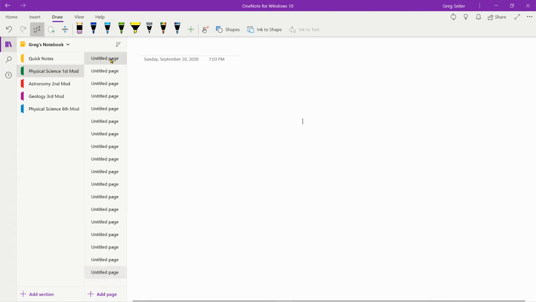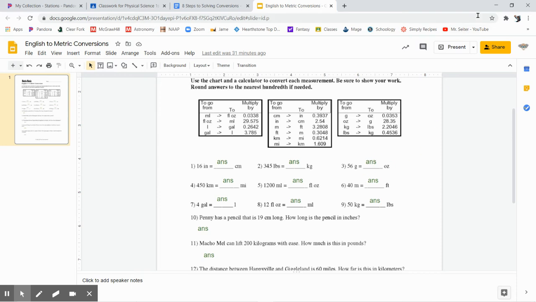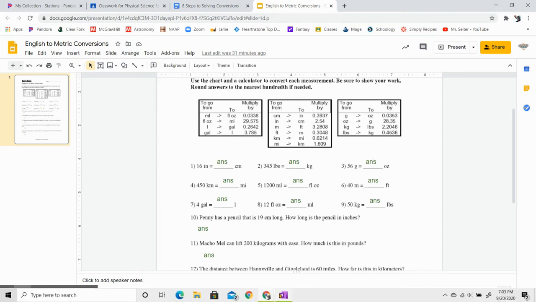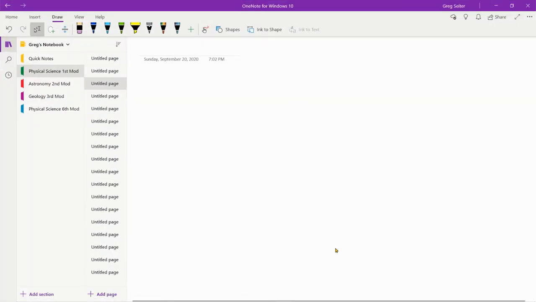Make it easier. All right. 1, 2, 3. Here we go. Now I'm going to have to look at the question again. I forgot it already. 56 grams equals how many ounces?